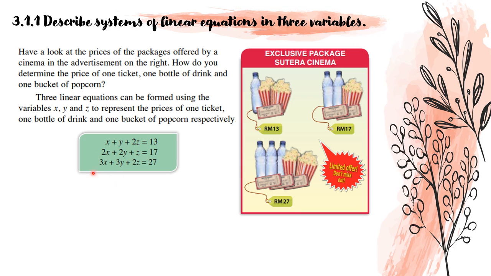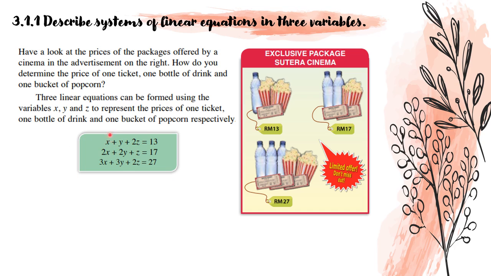And lastly, we have 3 tickets, so 3x plus 3y plus 2z, 2 buckets of popcorn, is equal to 27 ringgit.